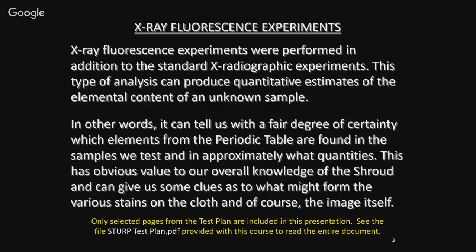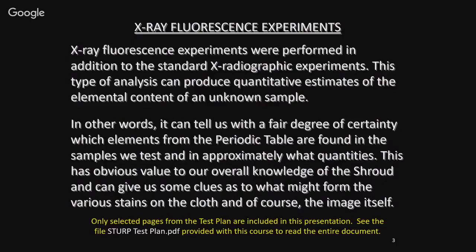So what that means is, using X-ray fluorescence, we could determine what elements might be found on the shroud. One of the things, of course, we were looking for was some form of paint or pigment. And in addition to the X-ray analysis, we also did spectral analysis, which we talked about somewhat already. That spectral analysis was combined with the X-ray fluorescence.